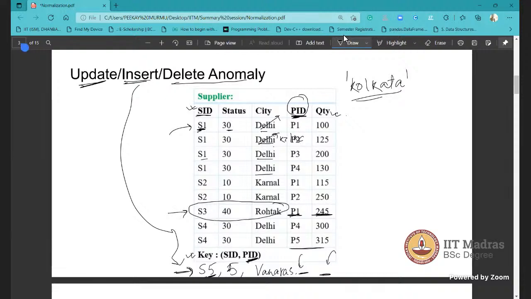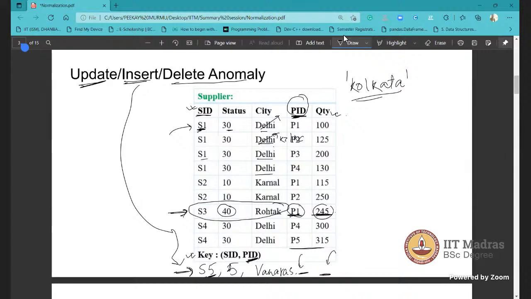So in this way, you lose the information of the supplier S3, where he lived, and this particular status. You lose that information from the database. You wanted to delete this particular data, but due to that you lose this supplier information. That is delete anomaly, right?